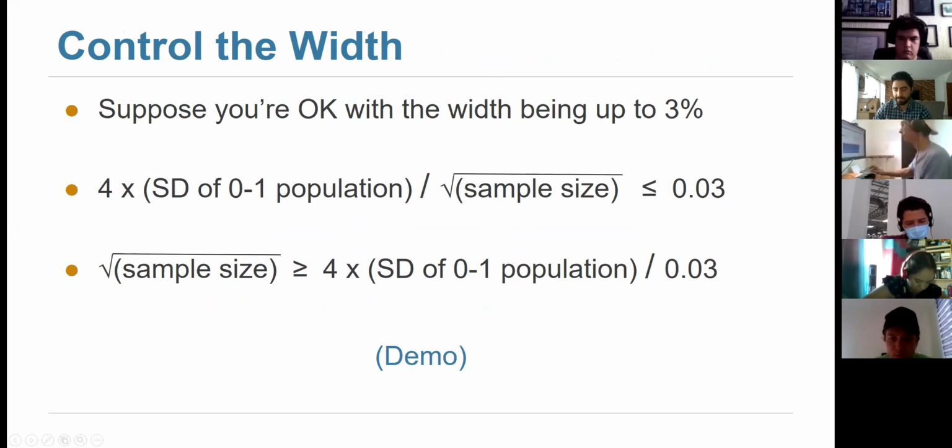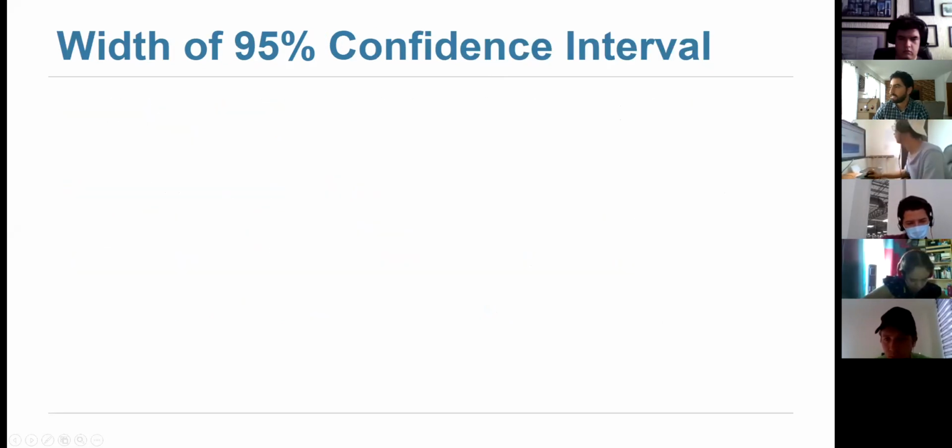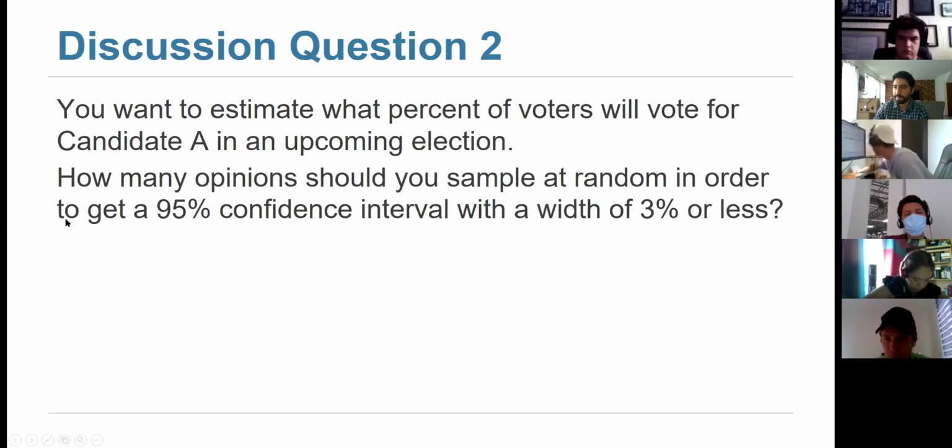That's what I'm asking in this question: how many opinions should I sample at random in my country or city to know how many people are going to vote for candidate A, with a 95% confidence interval whose width is less than 3%.